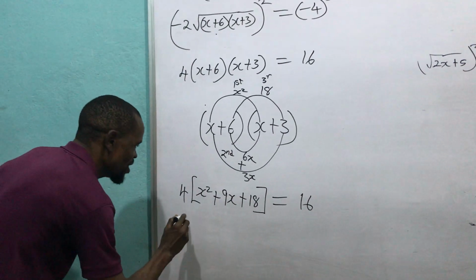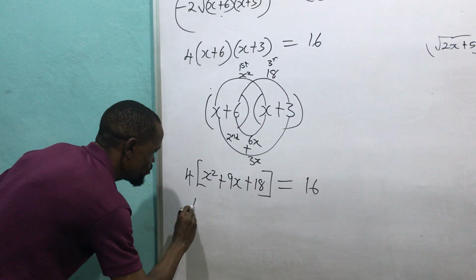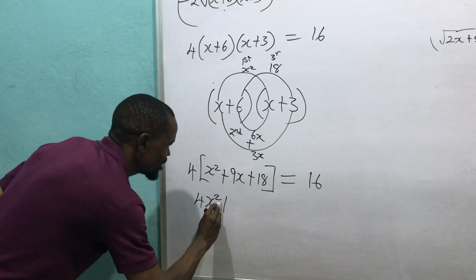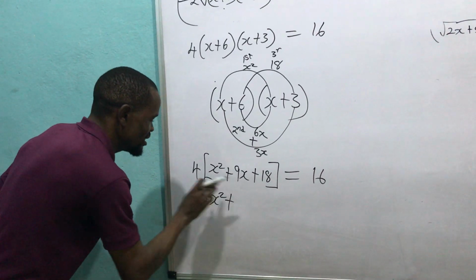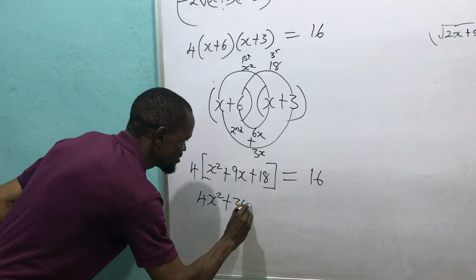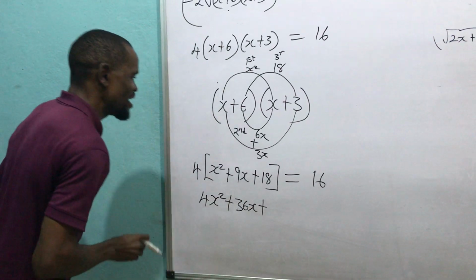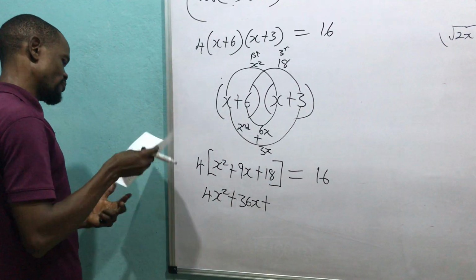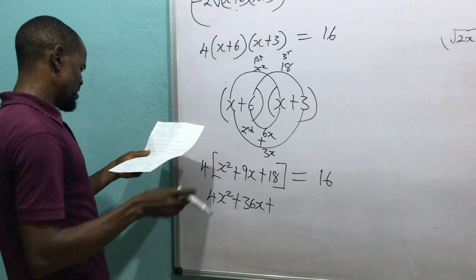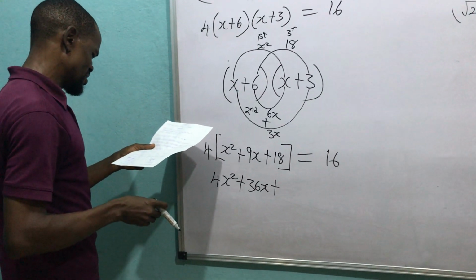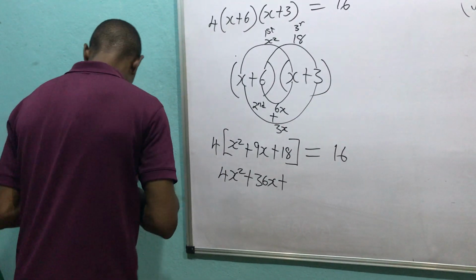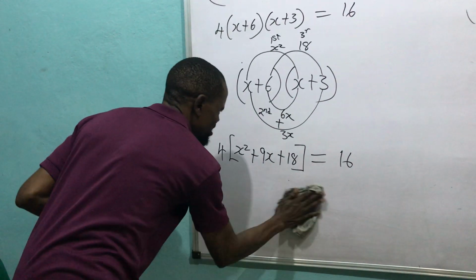And that will give me, opening the bracket here, 4x squared plus 9x plus 18 equals 16. I don't need to even begin to do the 18 times 4 multiplication.